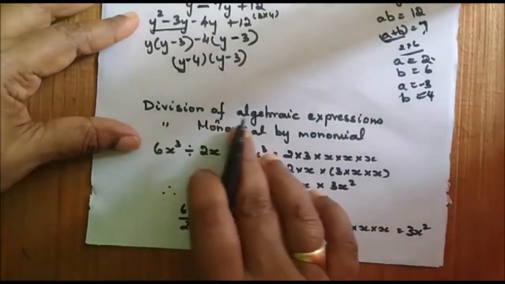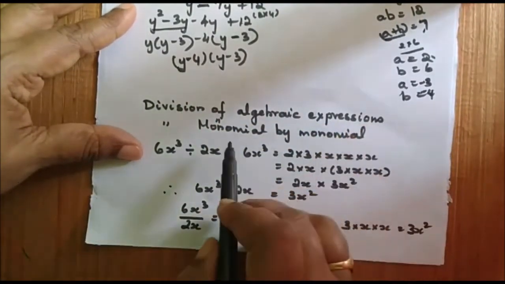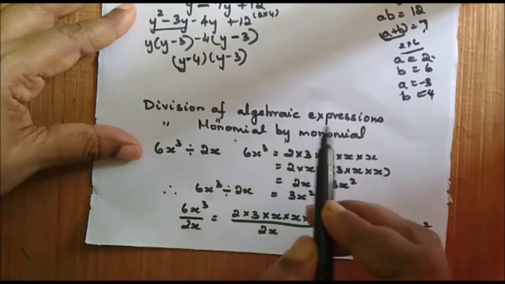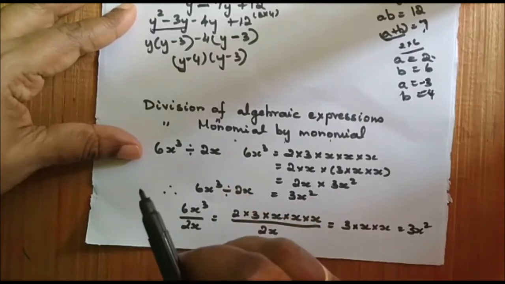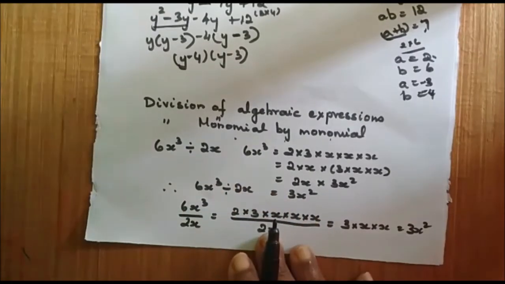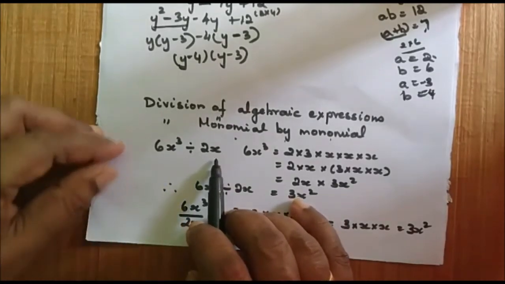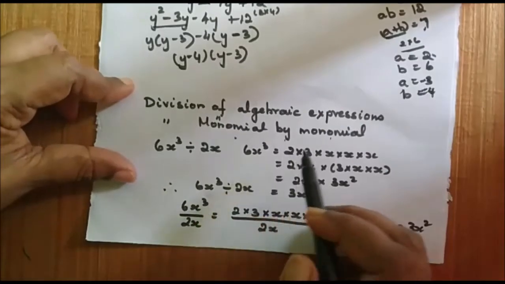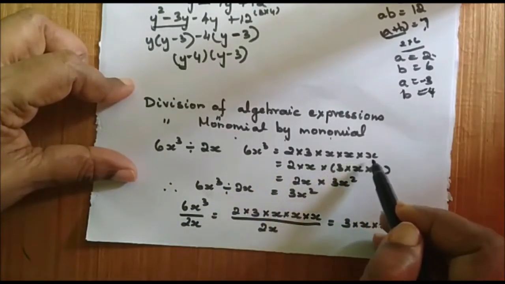Okay. Now we'll go to the next one, that is division of algebraic expressions. A monomial by a monomial. Now what is meant by a monomial? A single algebraic term is called a monomial. Okay. So I am given 6x cubed divided by 2x. Now 6x cubed can be written as 2 into 3 into x into x into x.